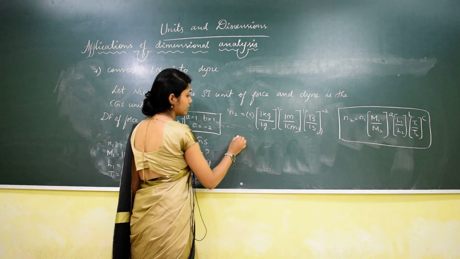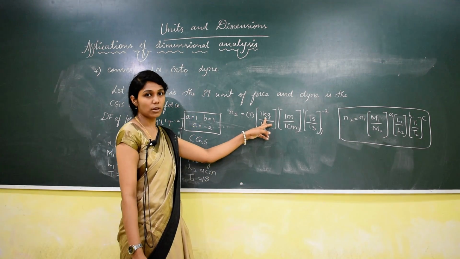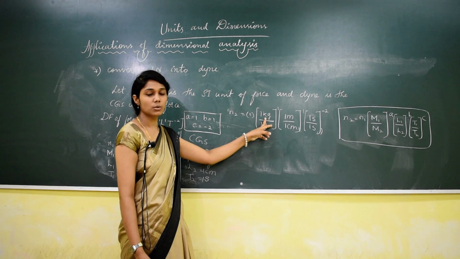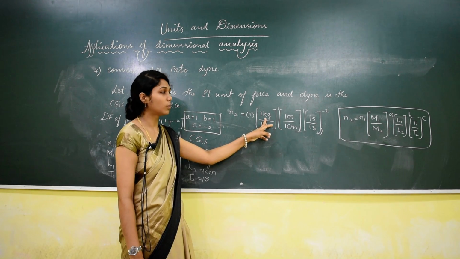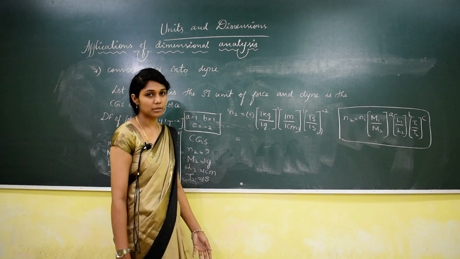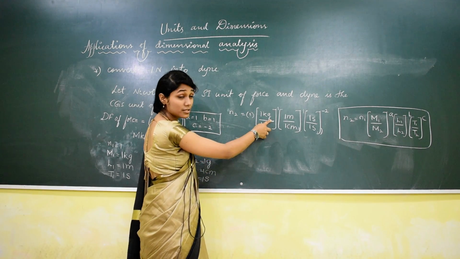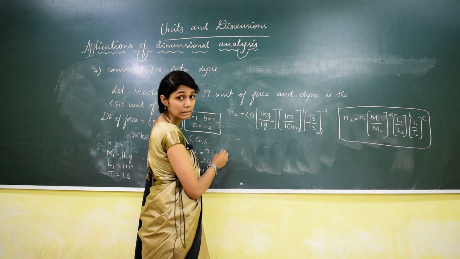Clear? Okay, so now, I know 1 kg is equal to 1000 grams. So these are the basic things. I can easily remember here 1 kg is equal to 1000 gram, 1 meter is equal to 100 centimeter. So write these things here. You're just converting kg into gram.